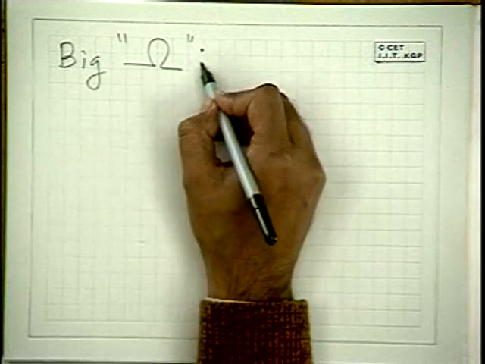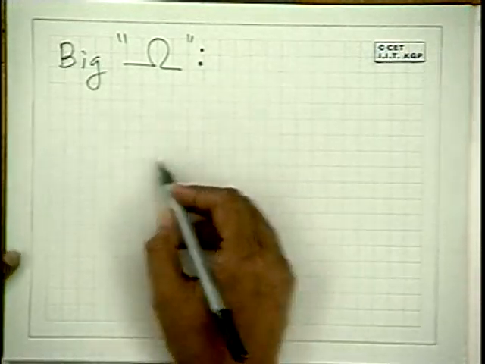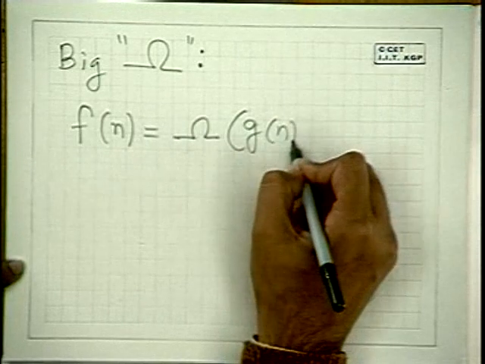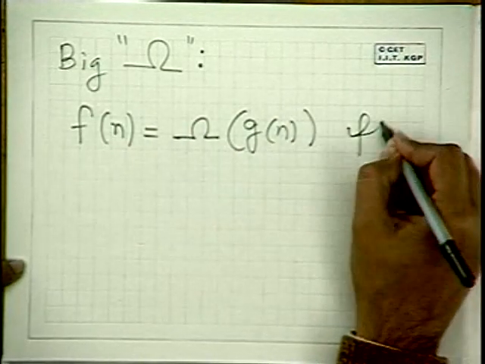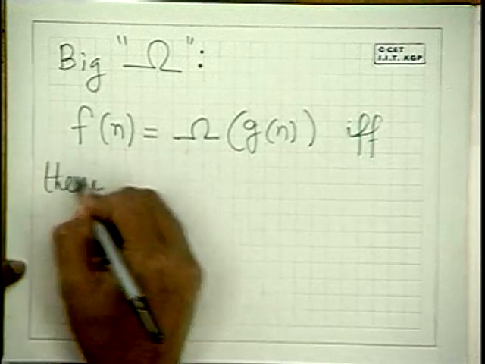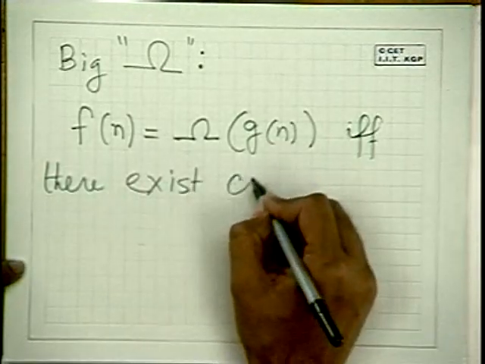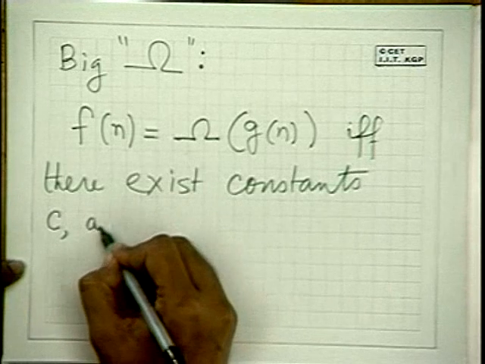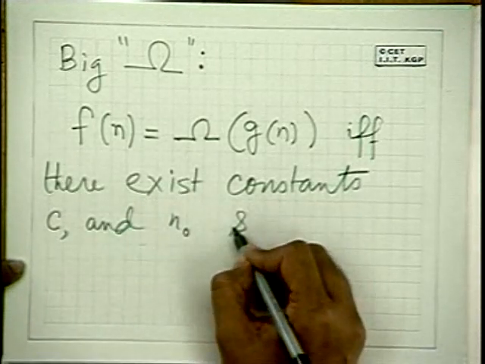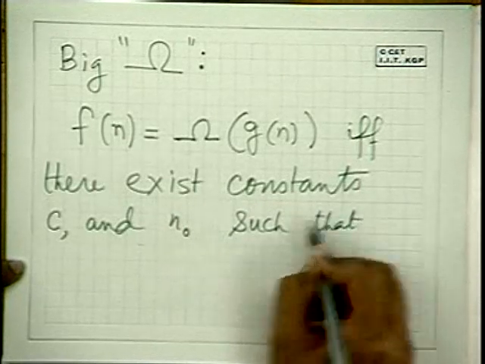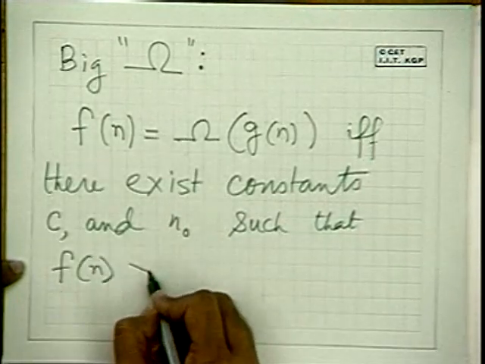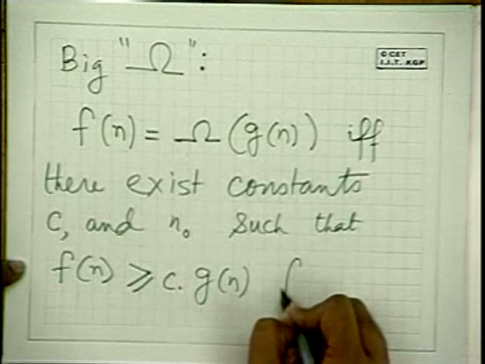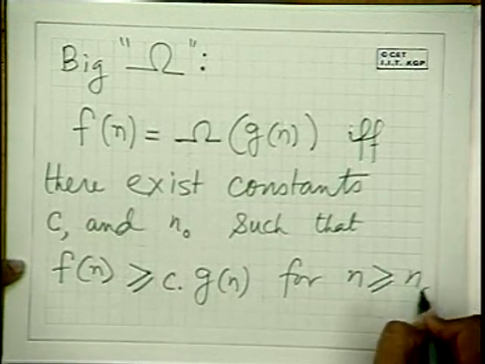Big omega: f(n) is omega of g(n) if and only if there exist constants c and n naught such that f(n) is this time greater than or equal to c times g(n) for n greater than or equal to n naught.